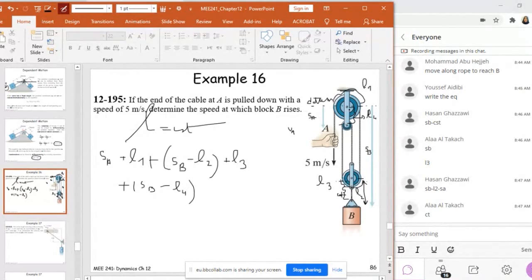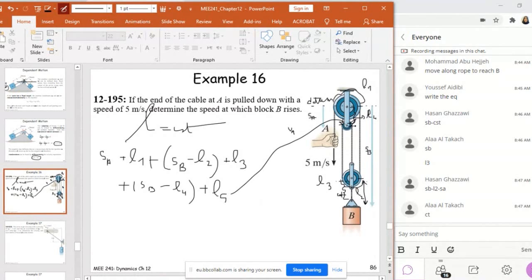So guys, this SB from this datum to this point, minus this L4, which is constant, will give me this length. So it is also SB minus L4. Now plus this length here that I'm going to call L5. So this L5 is this arc right here.